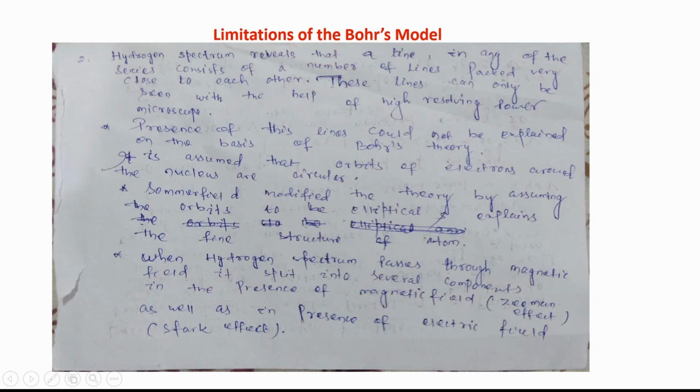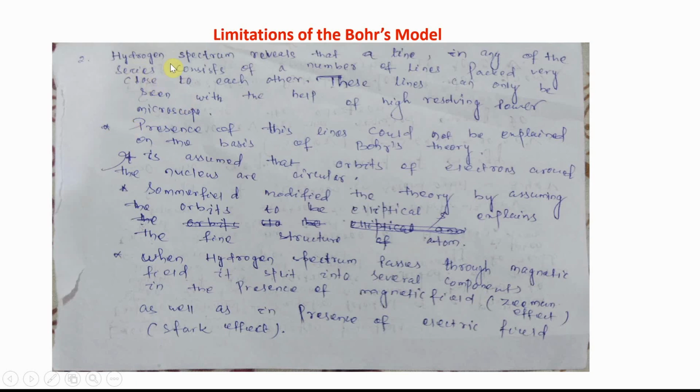No doubt Bohr's model gives much more idea regarding the structure of the atom, and some demerits of the Rutherford model are clarified in Bohr's model, but still it has some limitations.